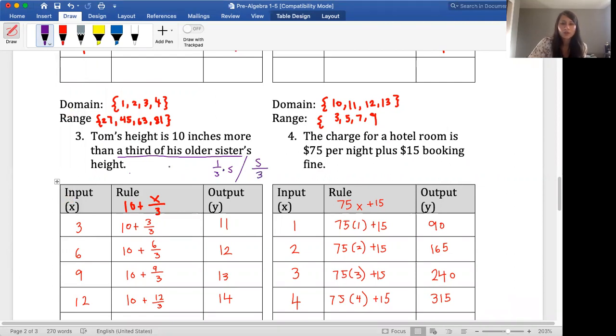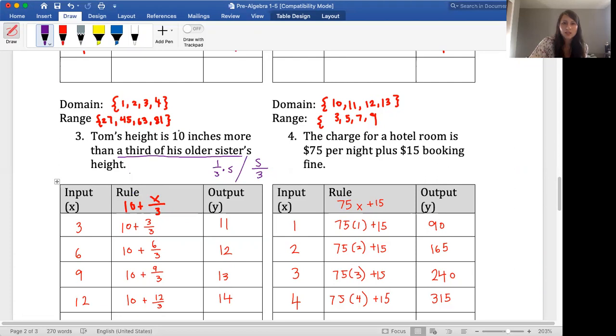So when we're translating this back into our rule, we've got to use x for our unknown, and I used s here as our sister's height. But when I bring this back down to our rule with our inputs and outputs, we're going to keep it consistent and use x and y.